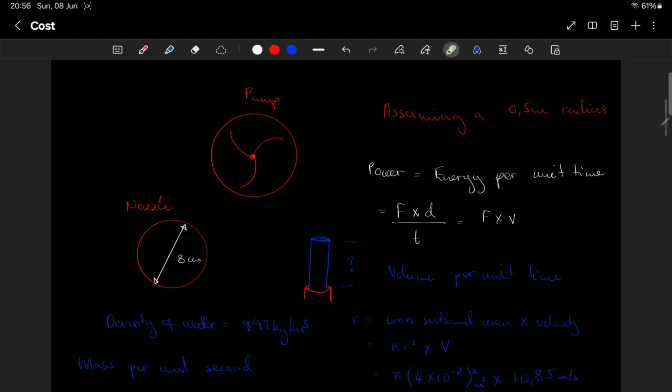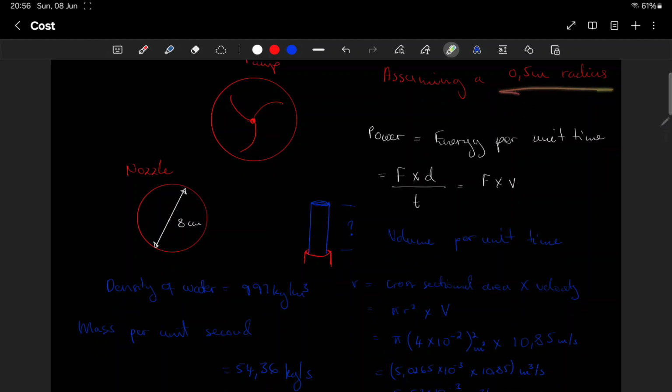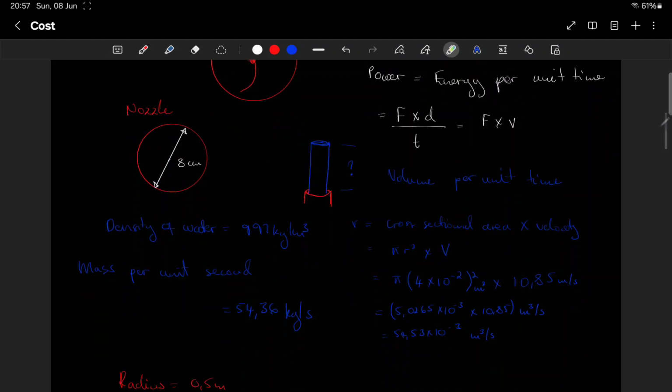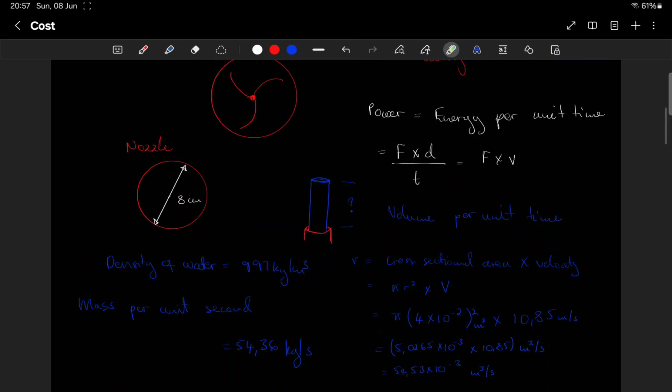I think this is a bit oversized, but assuming it's a centrifugal pump with this radius, then we have to calculate the power that each pump is outputting.